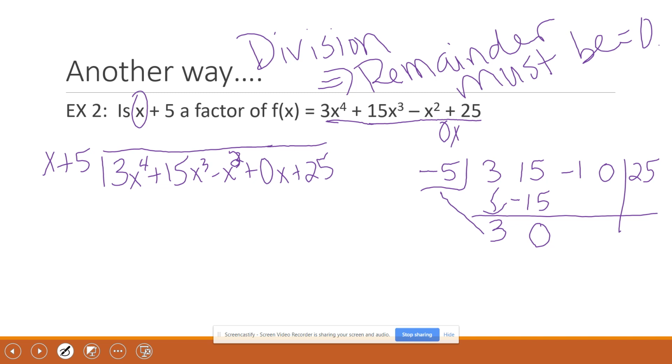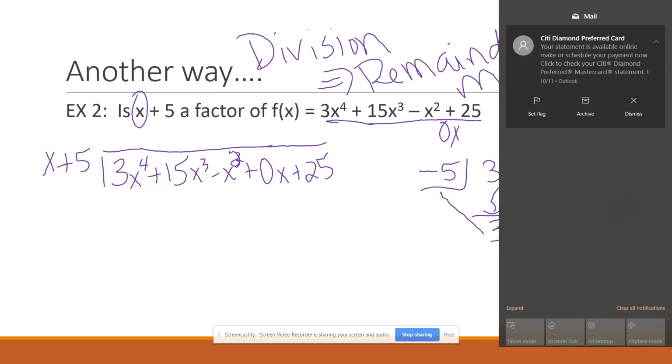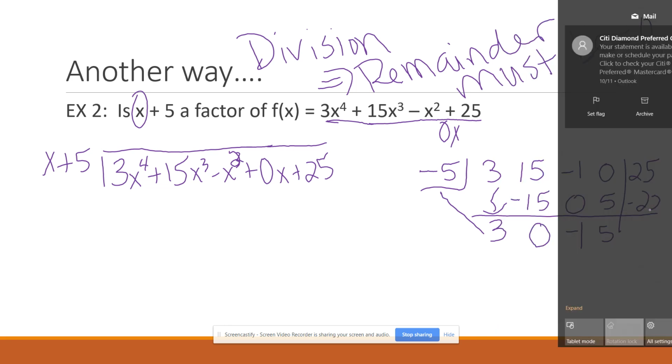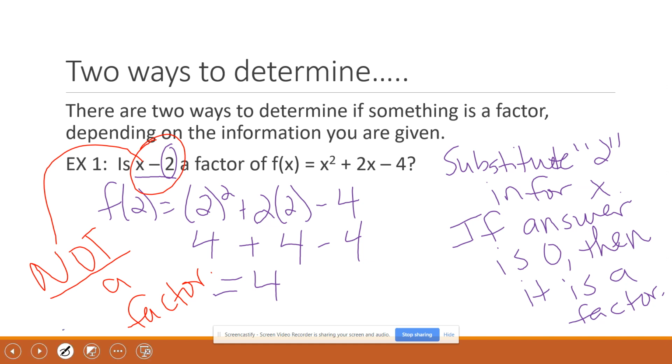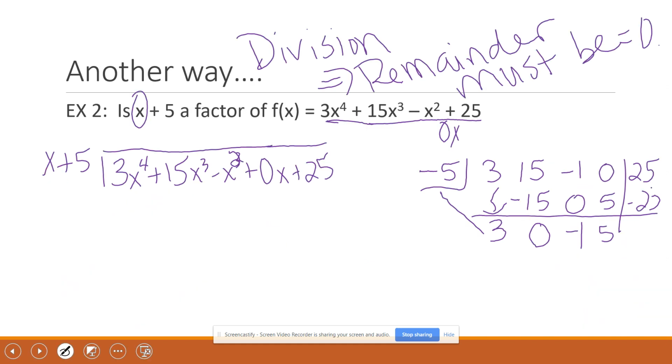Negative 5 times 0 is 0. Negative 1 plus 0 is negative 1. Negative 5 times negative 1 is 5, plus negative 5 is 0.